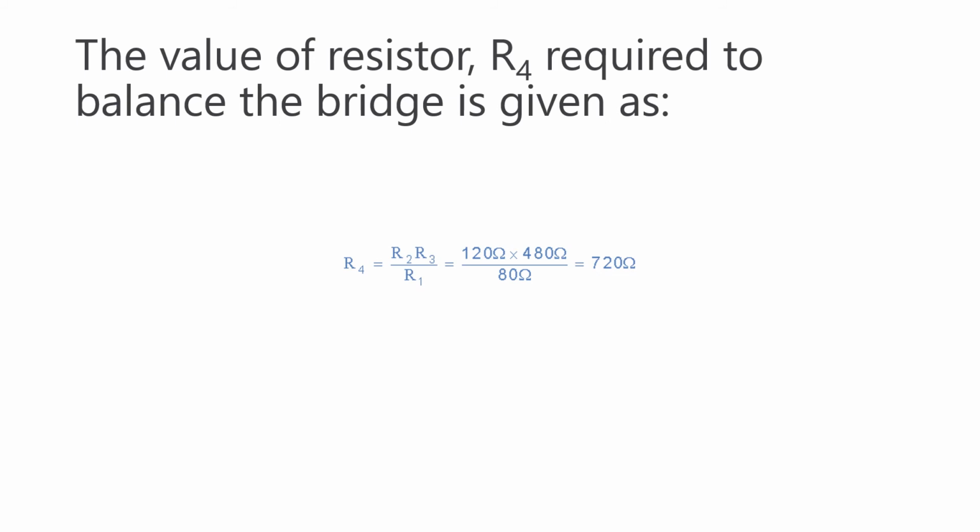Next, the two opposite junctions are connected by a current detector, and the bridge circuits use the comparison measurement method and operate on the null detector principle.